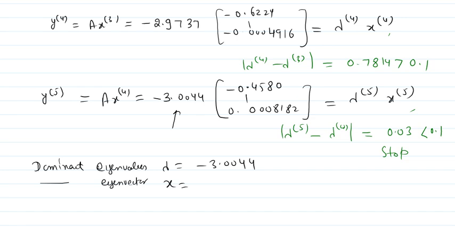So this vector x5, that is minus 0.45801, 0.308182. Okay, so lambda 5, that final answer at the fifth iteration, is minus 3.0044, that is the largest eigenvalue, and the eigenvector that you got, that is x5.